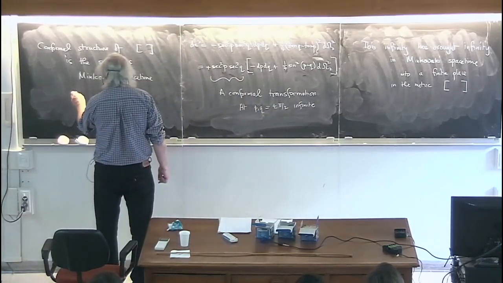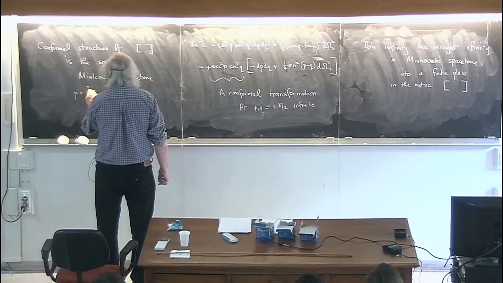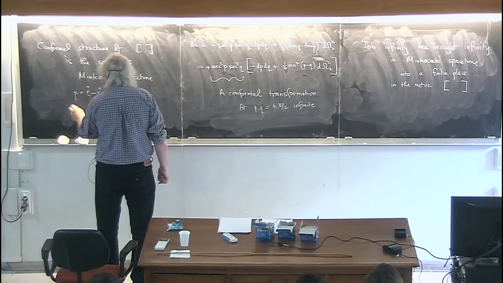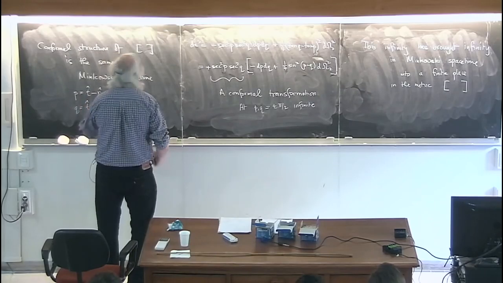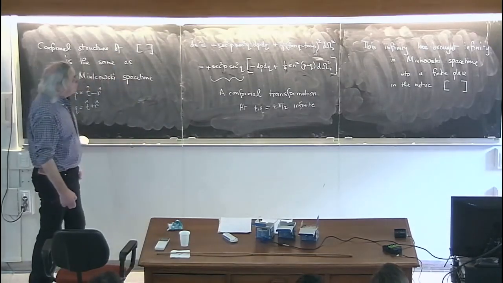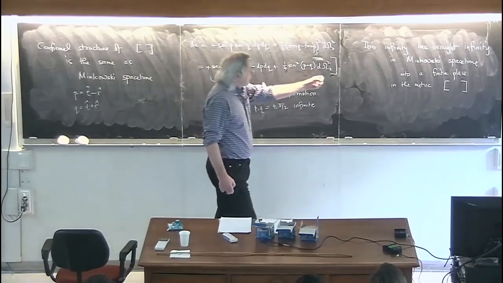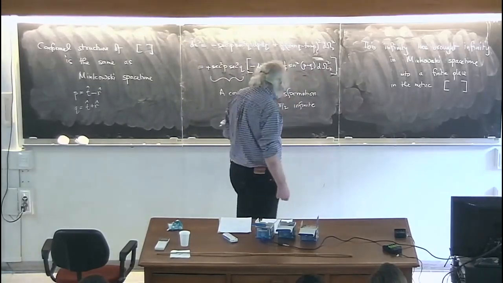So we can define p to be equal to t hat minus r hat, q to be equal to t hat plus r hat, in which case we can rewrite this thing in square brackets in the following way.